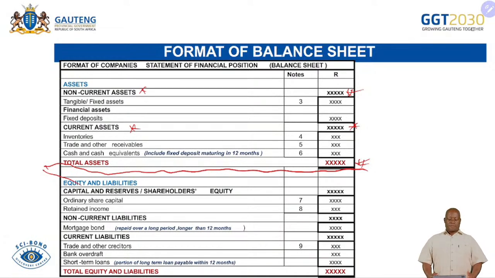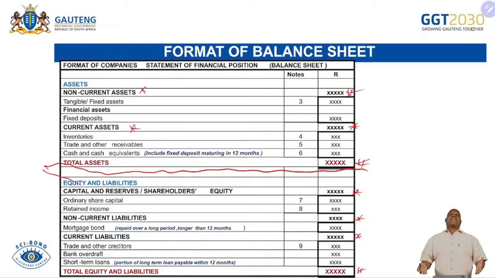the balance sheet. Now, when all is done, we are going to add our equity, our non-current liabilities, as well as our current liabilities. These added together give us our total equity and liabilities. And please take note, why do we call it the balance sheet?